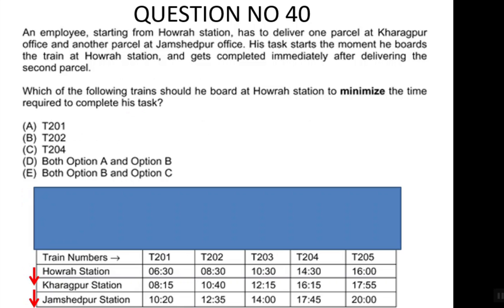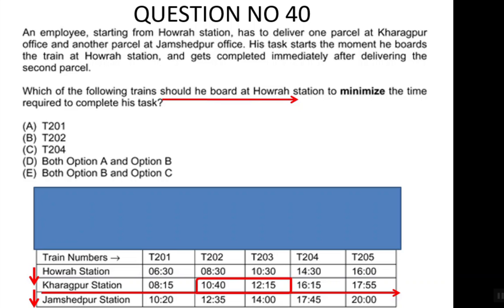Now, if you observe, just like in the previous case, he has 1.5 hours to drop the parcel at Kharagpur station. That means the connectivity between the trains should be present in that way to minimize his time. Now, if you observe the options and suppose the person starts at train T202, then you will observe that with train 202, he will be reaching Kharagpur station at 10:40.